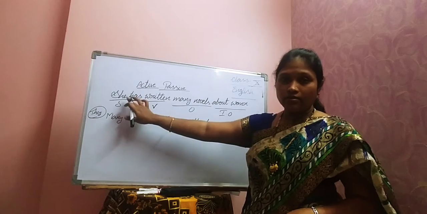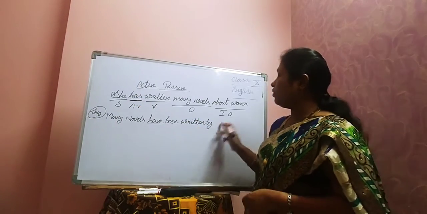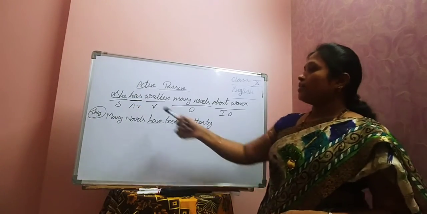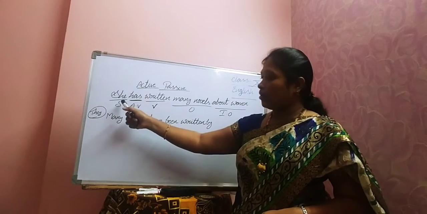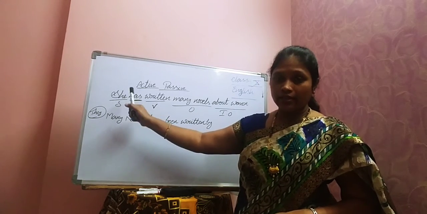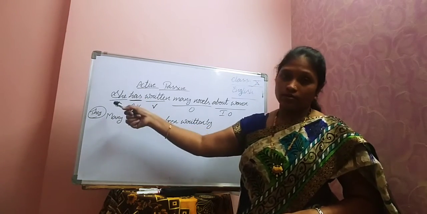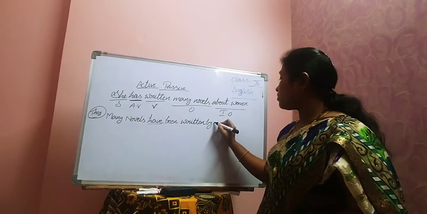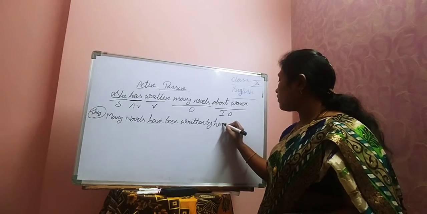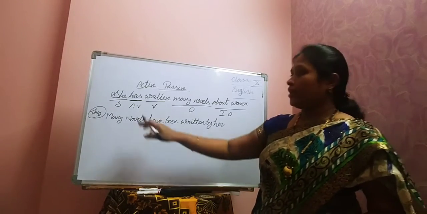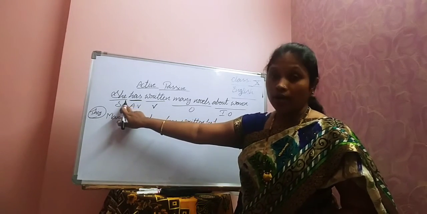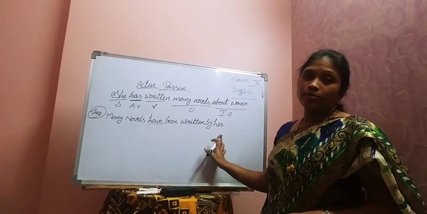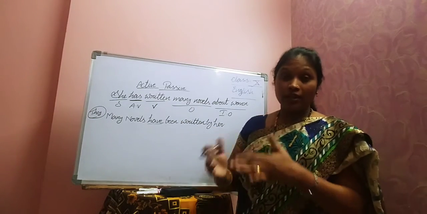And then convert subject into object. Here, she, it must be treated like the subjective pronoun. But we can't write here as she. What we need to write here is the objective pronoun, which is her. She is the subjective pronoun, her becomes the objective pronoun. He, him.